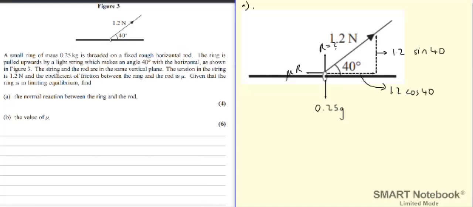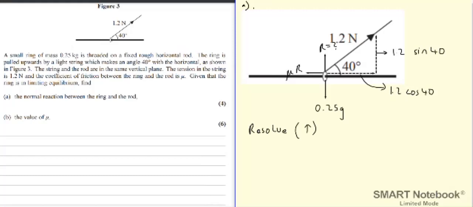So that is a vertical force, so my starting point is to say I'm going to resolve. Normally I'd write R arrow up, but just to make it clear that I'm resolving in a particular direction, you are resolving vertically because your normal reaction is a vertical force. Now, it's in limiting equilibrium, so forces are balanced in all directions.